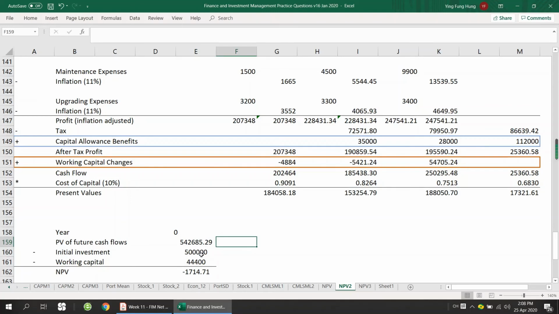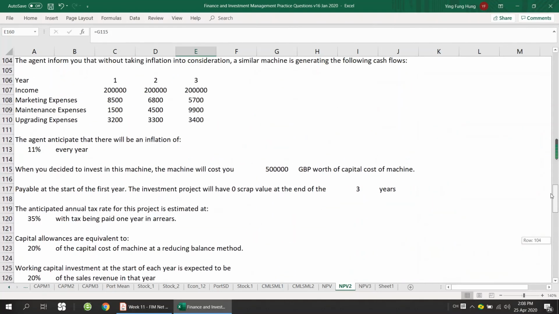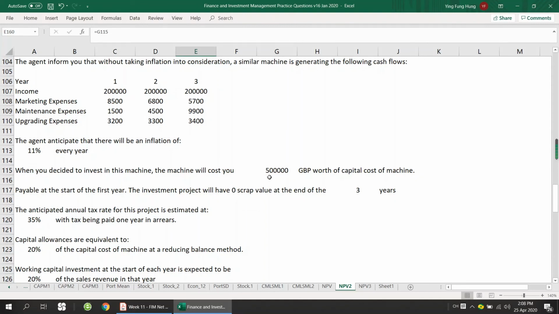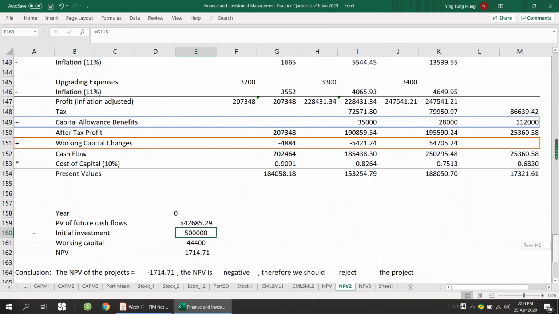Then we have to subtract our initial investment, which means that if we are going to invest in this machine, today we have to pay this 500,000, which we can get from the information in the question.